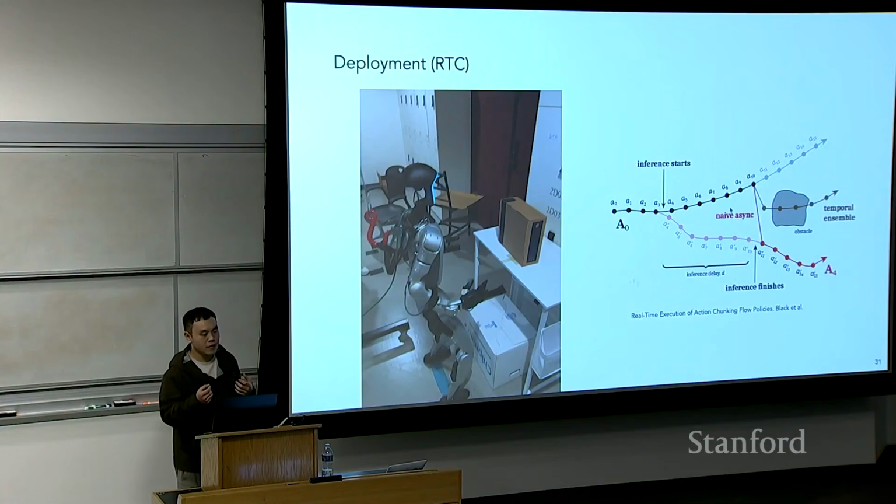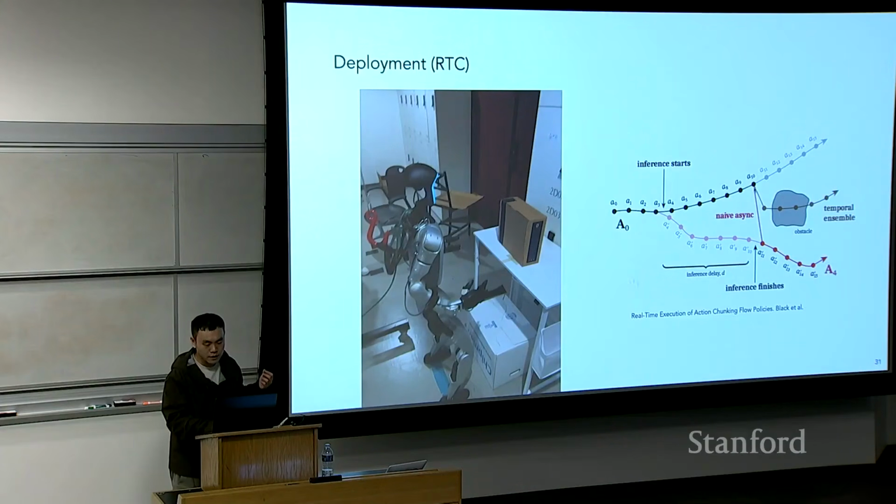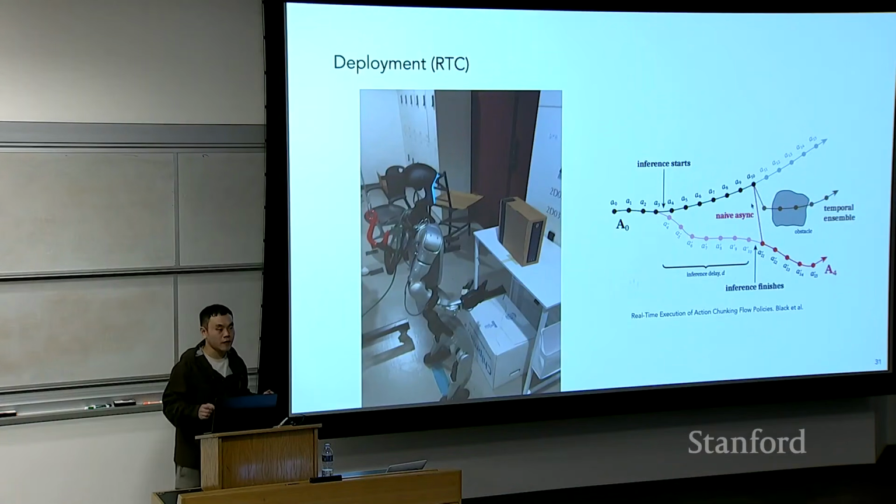Then we try to predict a second sequence of actions, but the prediction only starts between A3 and A4. The second sequence of actions can only be ready at t equals 10, because the VLA model requires a certain time of inference, right? So there's always a long inference delay.